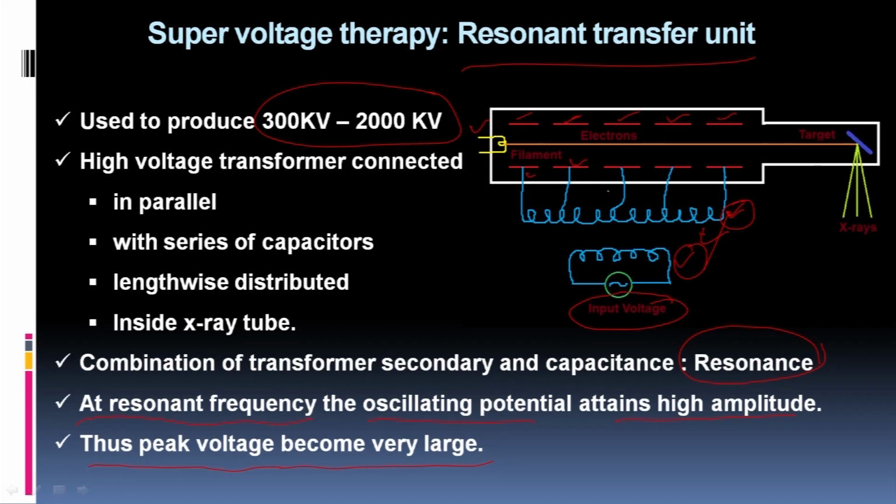Now electrons are injected from the filament by the thermionic emission process, and the electrons proceed and receive the higher voltage, hit the target and produce the X-ray beam. And so these X-ray beams are higher in energy than the orthovoltage therapy, contact therapy, and all these conventional kilovoltage therapeutic units.